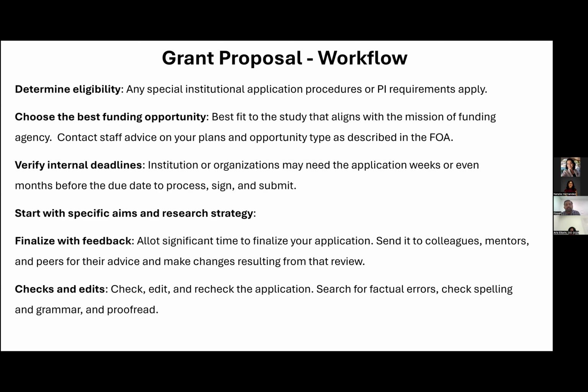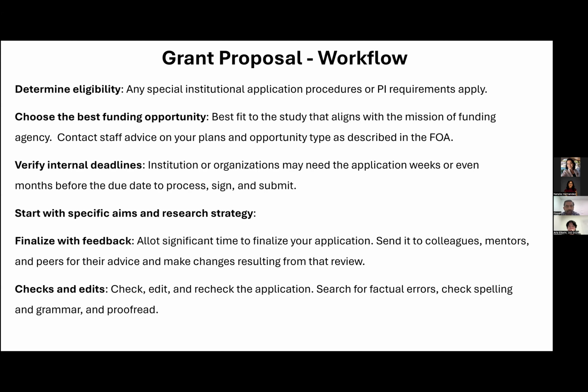These things may take a little bit of time, and they will be sending it back and forth for revision and modification. So always keep the internal deadlines so that we can submit a proposal without any defect.